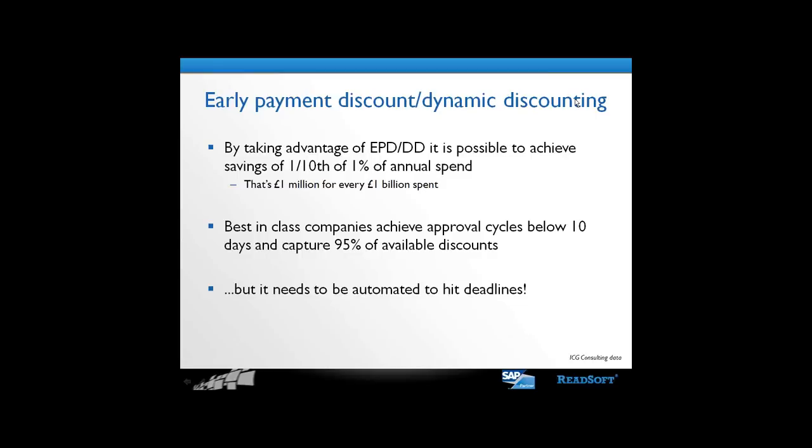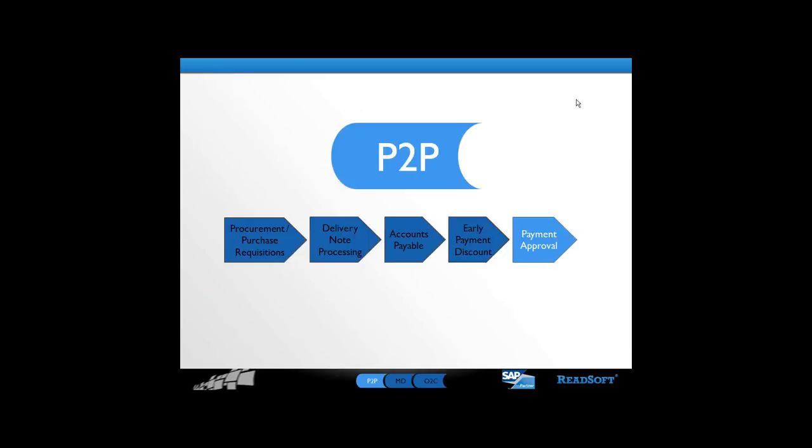Now, those best-in-class companies that we refer to, such as your RSs of this world, they're achieving approval cycles that are below 10 days, and they're capturing 95% of the discounts that are available to them from their suppliers. That's really, really critical for hitting additional key metrics on your bottom line. But, of course, to hit those deadlines, it needs to be automated. It doesn't need to be in a manual system where potentially you forget about pursuing those discounts aggressively.